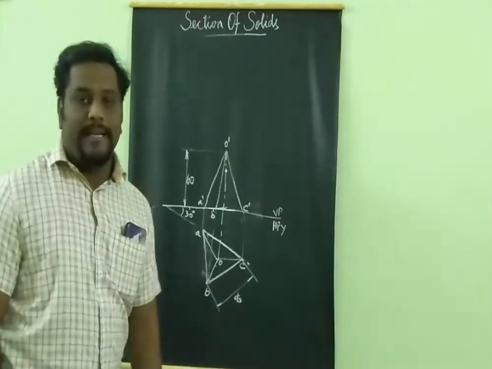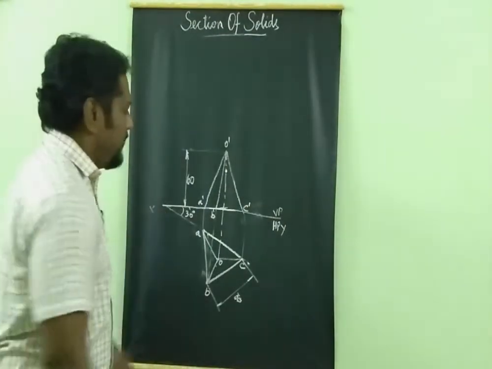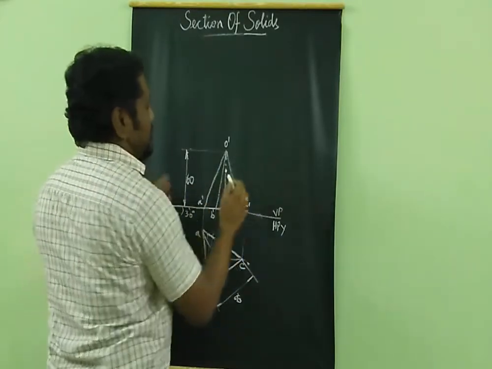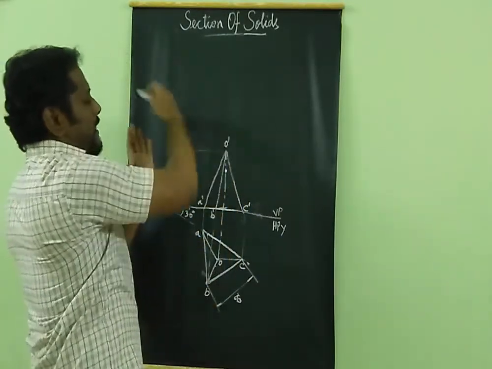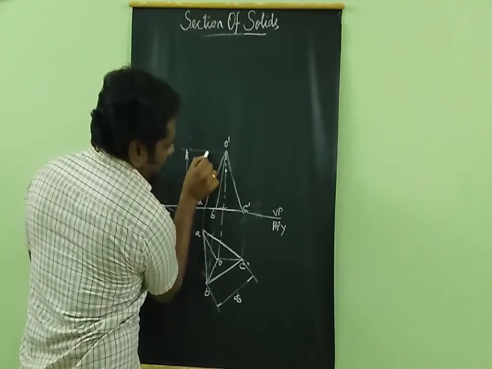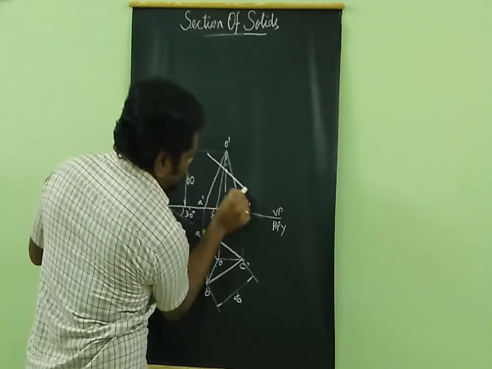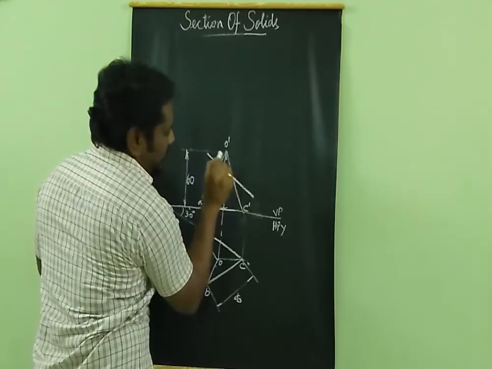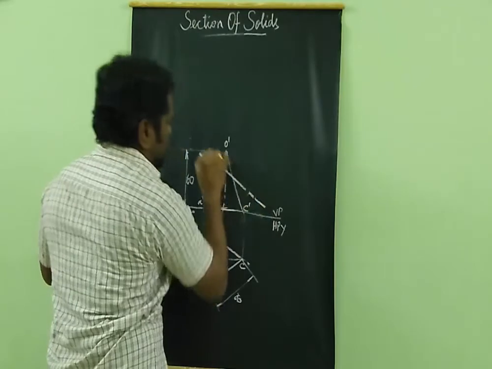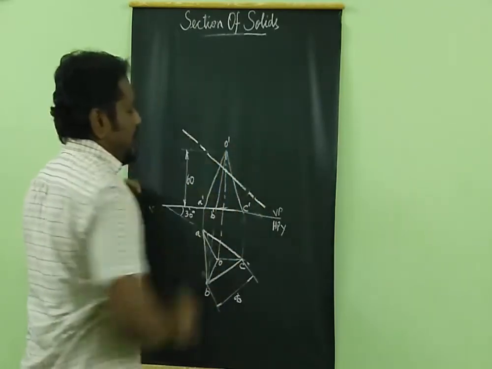Now my cutting plane is 45 degree to the HP. Make a 45 degree line like this, through this 15 mm point. Okay, this is your cutting plane.